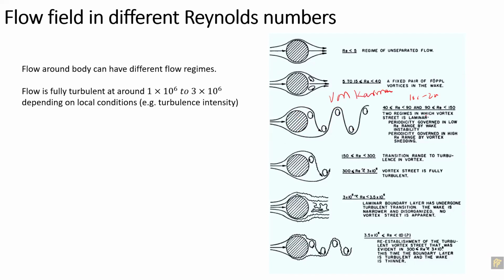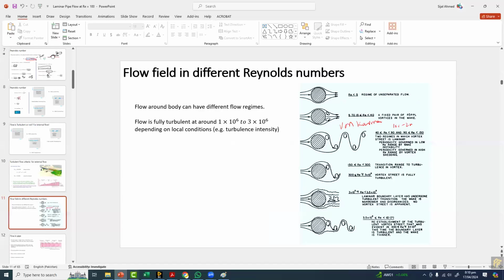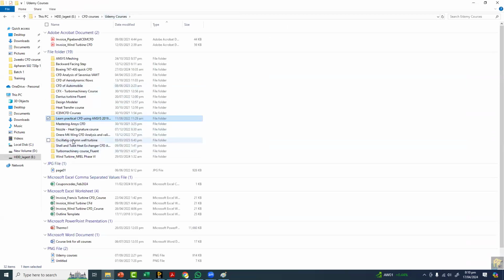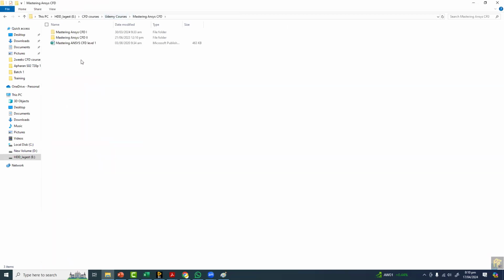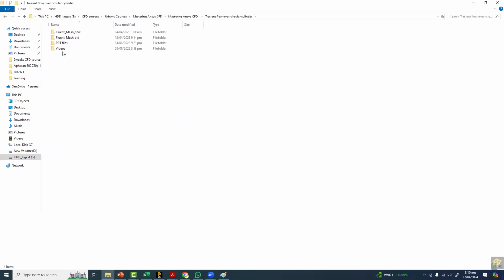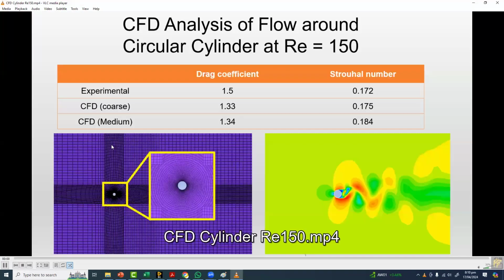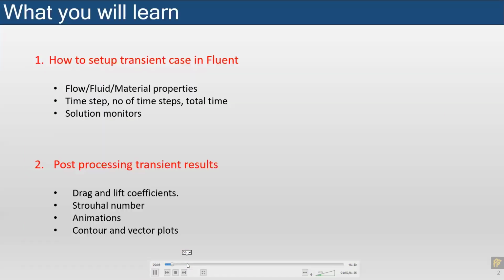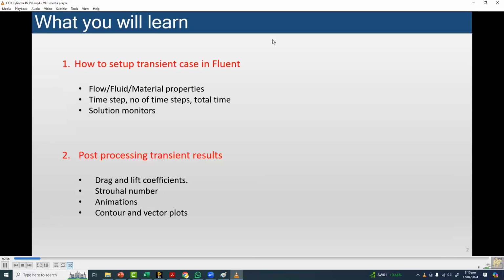Okay. So I can show you one simulation of that particular case. This was actually solved at a Reynolds number equal to 150.